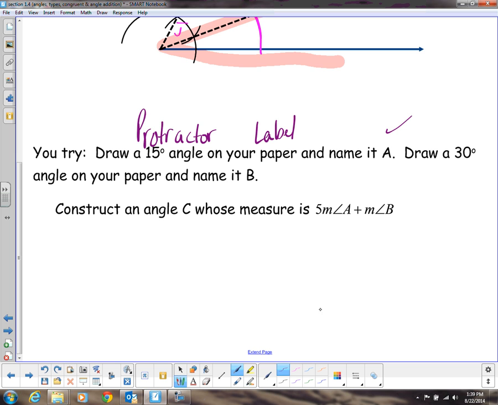You're going to have a segment, you're going to have an arc, and then you're going to mark off 1, 2, 3, 4, 5. And then you're going to add 30 to that, and hopefully that's going to work.